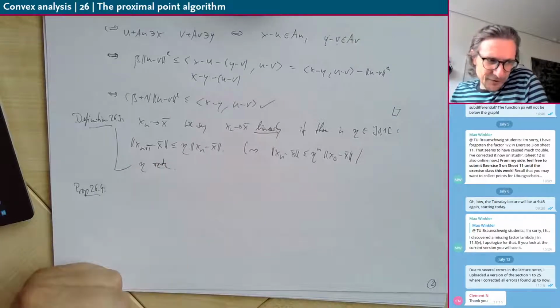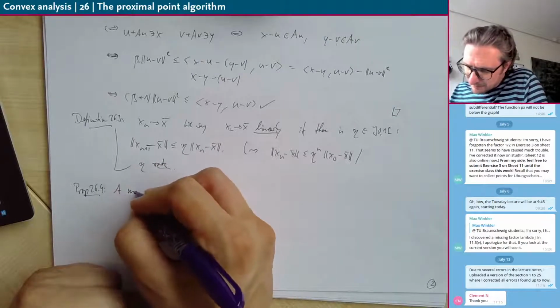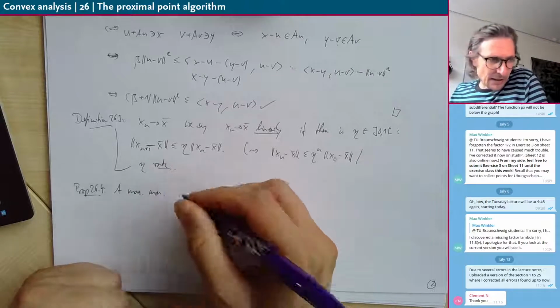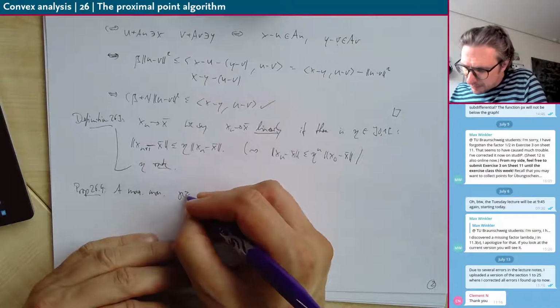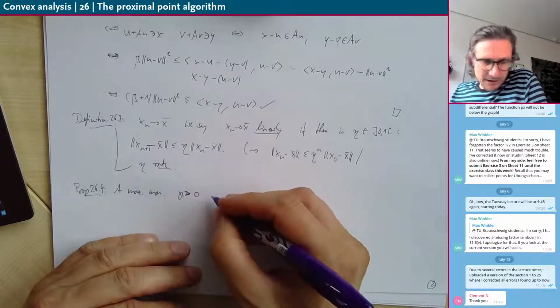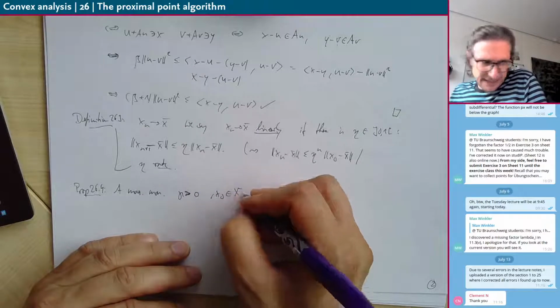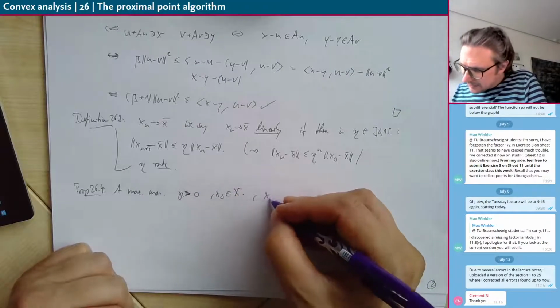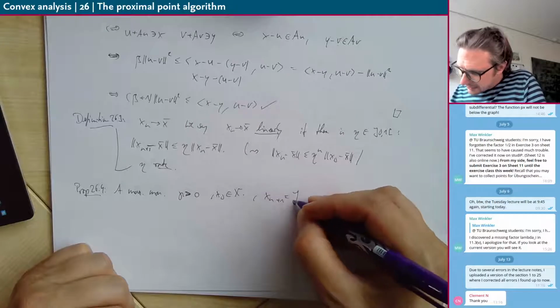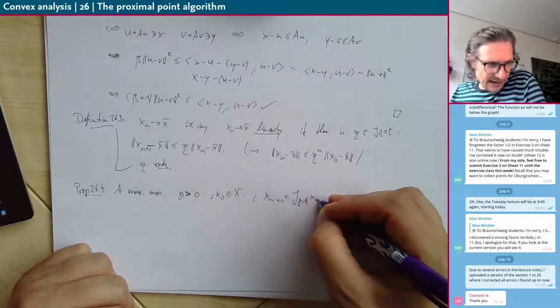26.4. So we need A maximally monotone and gamma positive and x0 arbitrary in X, and iteration x_{n+1} is J_{gamma A} x_n.